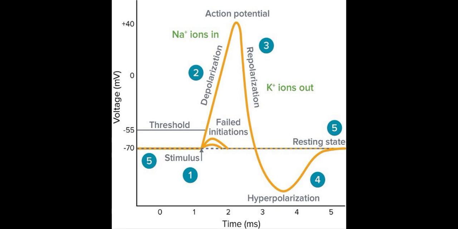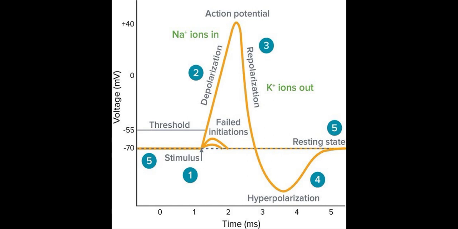Potassium ions exit the cell, contributing to repolarization, restoring the negative charge inside the neuron. This marks the falling phase of the action potential.